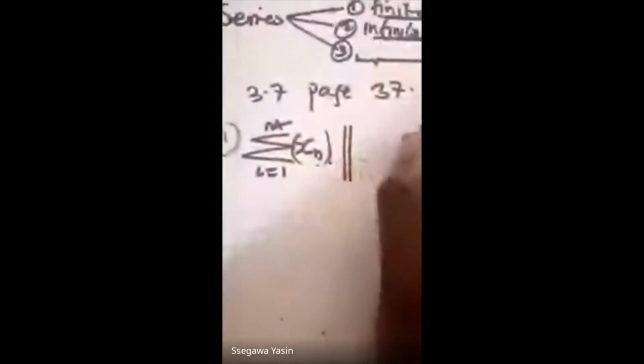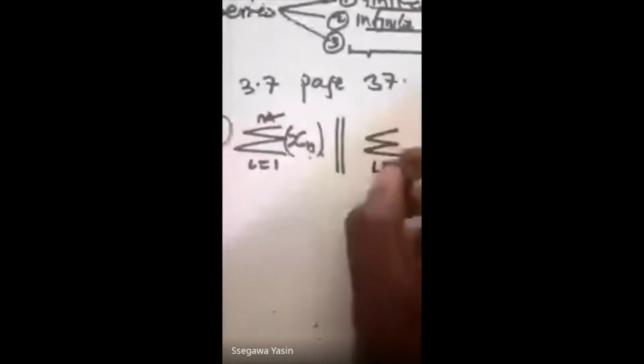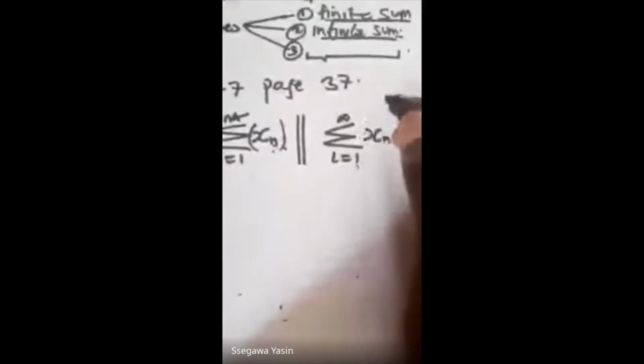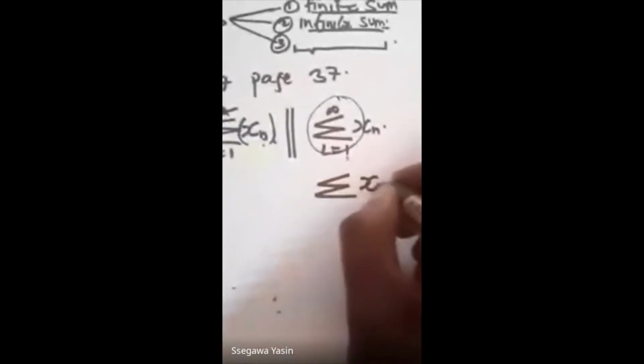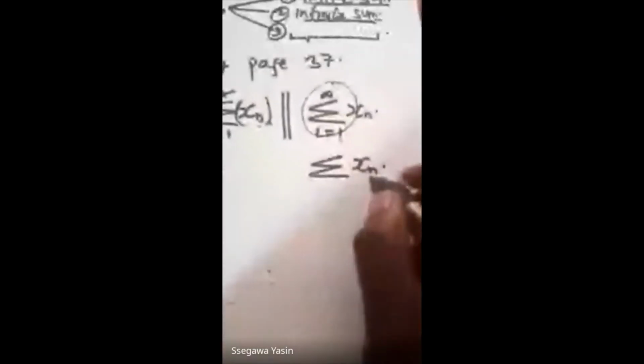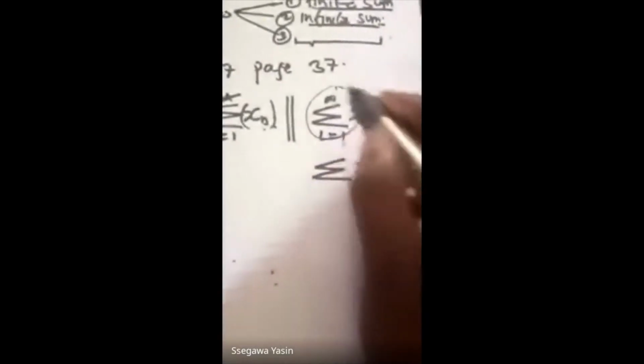But when I say summing up from i is equal to 1 up to infinity of xn, this is an infinite sum. I'm summing up to infinity. And then sometimes instead of writing all this, we just write the sum of xn, meaning that we are going to go on summing up until you reach infinity.